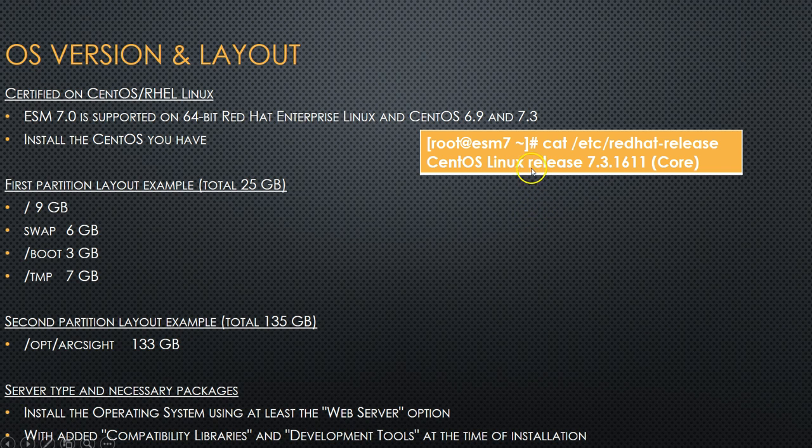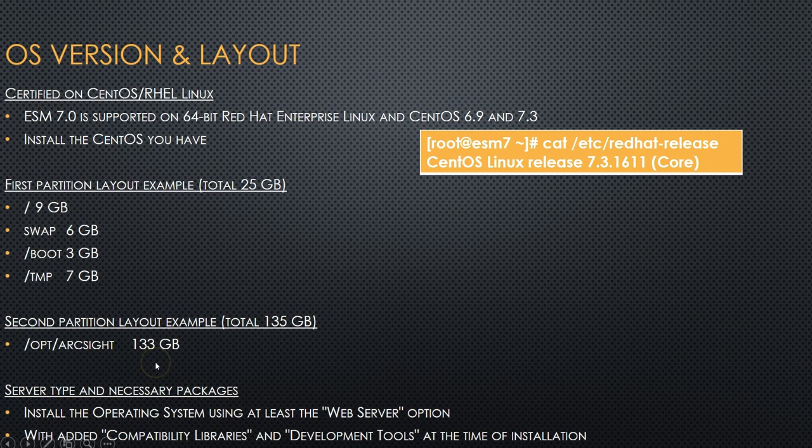So ideally it should be presented like this when you make the installation. 7.3.1611 core. This will be our layout. Actually we'll make two partitions, one with 25 GB and one with 135 GB.